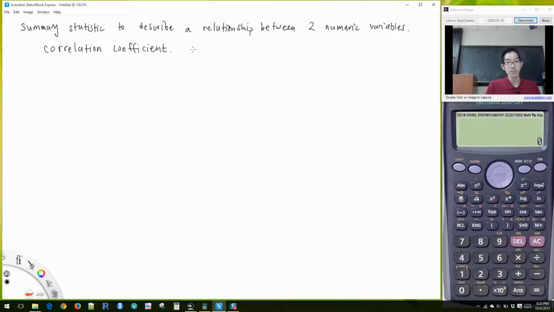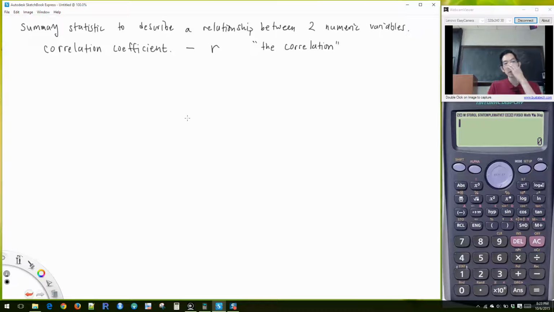And the symbol that we use for that is R. Oftentimes we just might call it the correlation rather than using its full name.